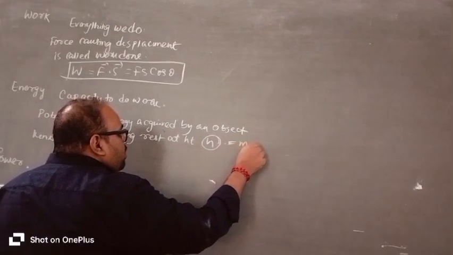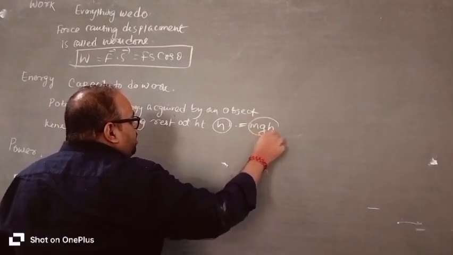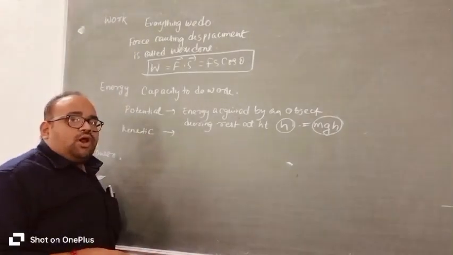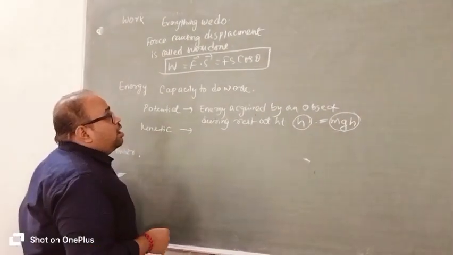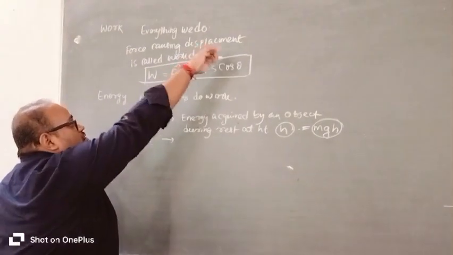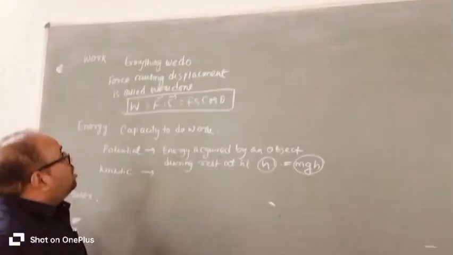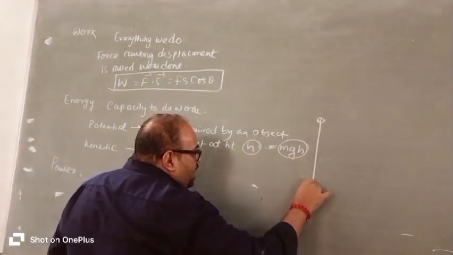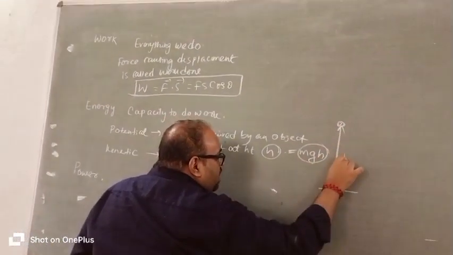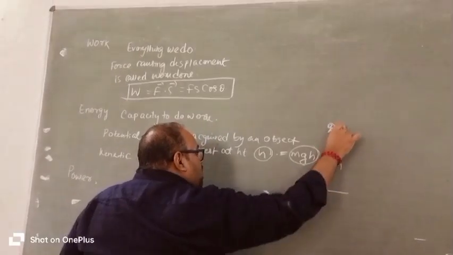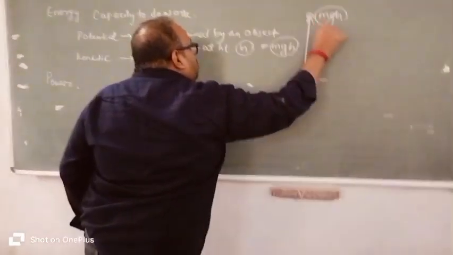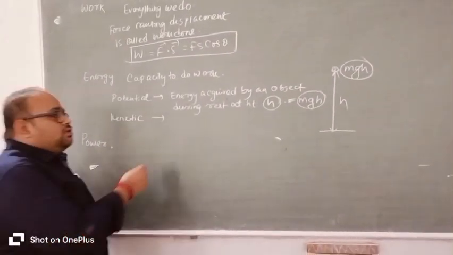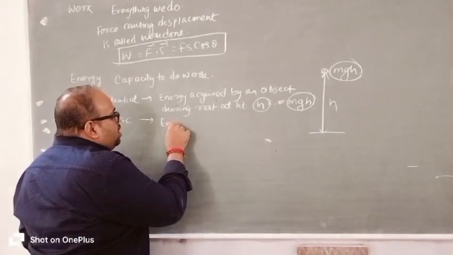So potential energy is nothing but mg, the force, multiplied by the perpendicular distance, or the displacement, which is the work done. In this way, mgh at height h is the potential energy acquired by the object.